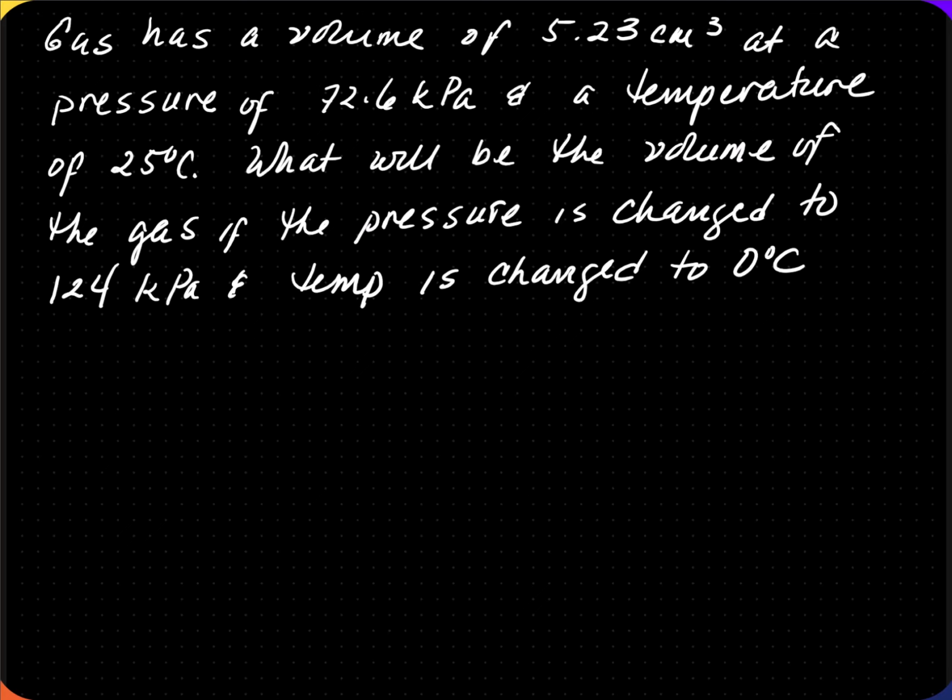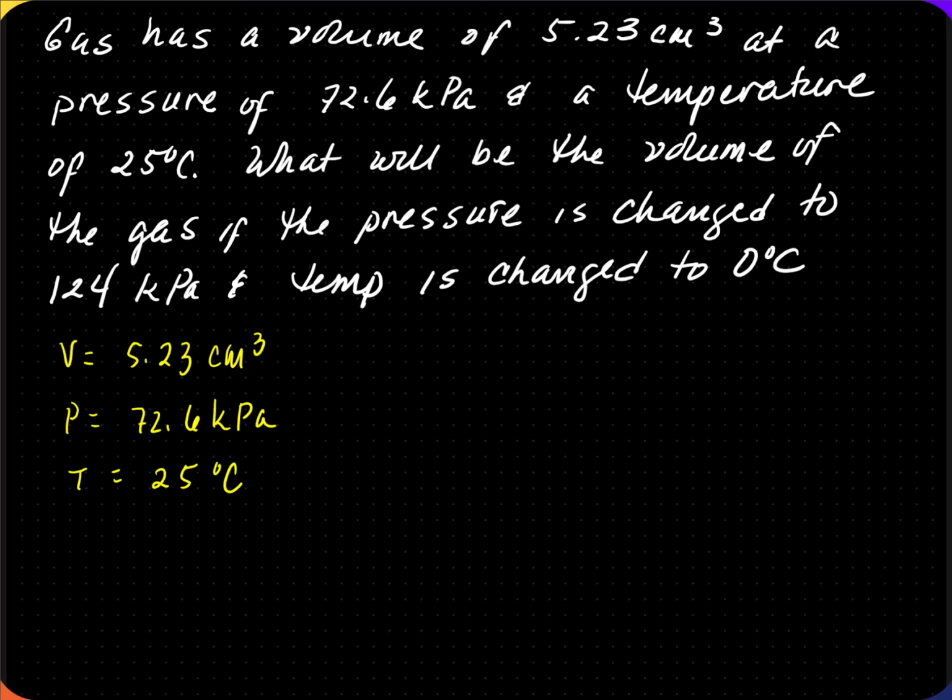So a gas has a volume of 5.23 centimeters cubed. So we know that the volume is equal to 5.23 centimeters cubed at a pressure of 72.6 kilopascals. Again, if you cannot recognize the numbers, what variables go with it, recognize the units, and that will help. It also has a temperature of 25 degrees Celsius.